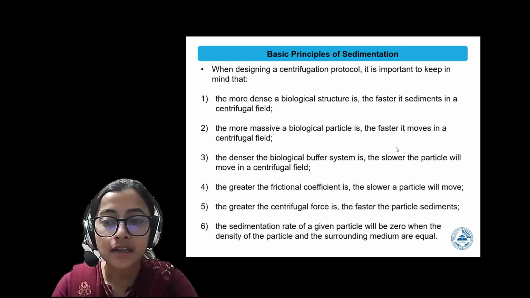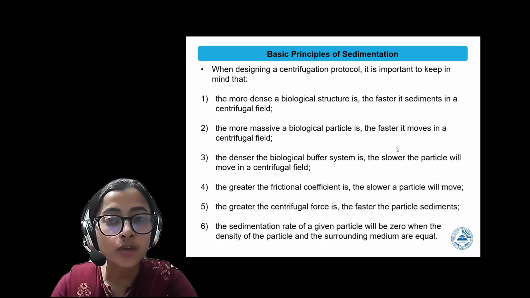Second, mass. Larger and heavier particles move more quickly in a centrifugal field. Third, the density of the medium. If the surrounding medium is dense, particle movement slows down. Fourth, the frictional coefficient. Particles with higher frictional resistance move more slowly.